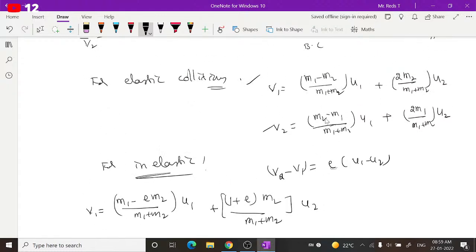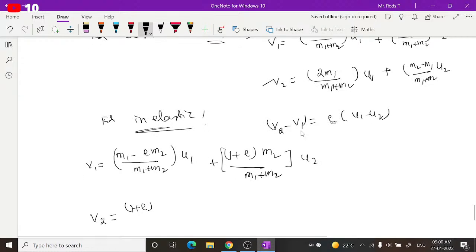Oh, sorry, I think I have written this wrongly, guys. The terms will interchange, I told you. This will become 2m1 by total mass. Here it becomes (m2 minus m1) by total mass. This will be the u1 term, this will be the u2 term. Similarly, in place of 2, you will get here (1 plus e).